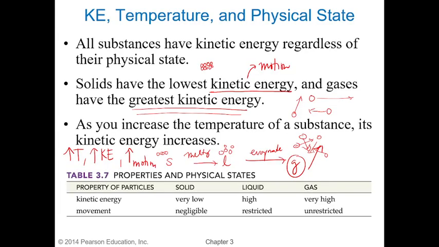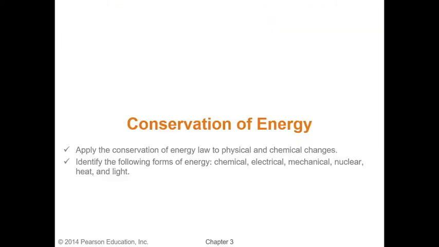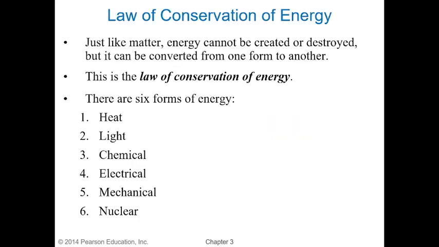So, yun ang ating discussion on energy. From our previous slide kasi, di ba, meron tayong tinatawag na law of conservation of mass. We also have the law of conservation of energy. So, just like matter, energy cannot be created nor destroyed, but it can be converted or transformed from one form to another.